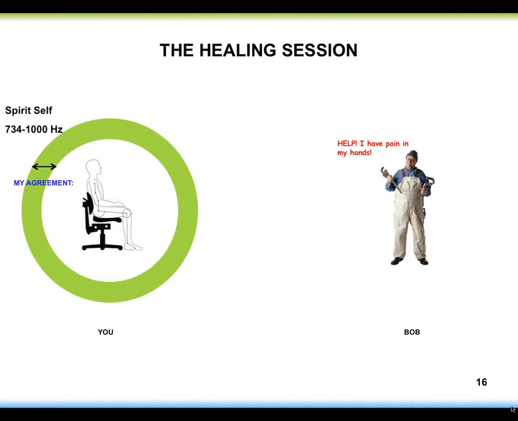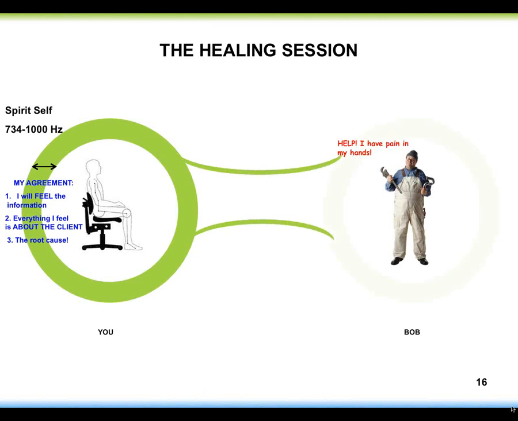You have already worked out the details of your healer's agreement. You have that in the back of your mind. You are very clear that everything is about the client, and you are shooting for the root cause of the issue. Once you are clear, you do the merging with the spirit self of the client. And once you have done that, then you do the connection.